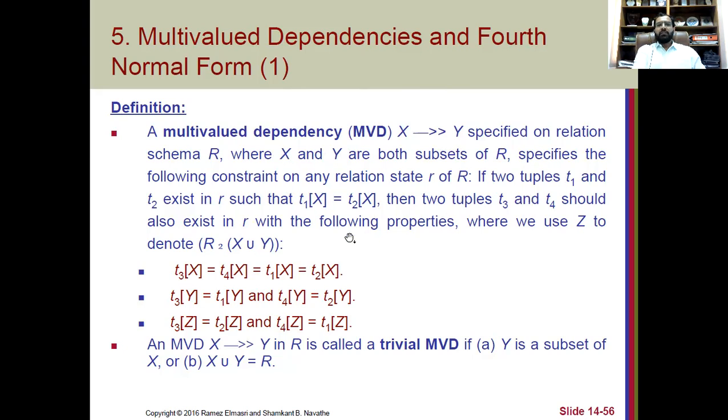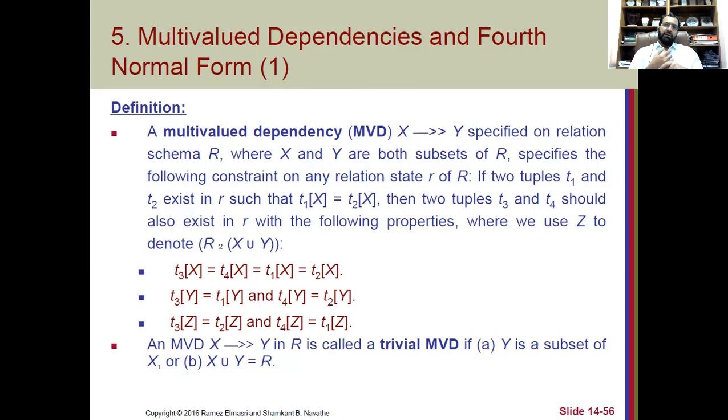If two tuples T1 and T2 exist in r such that T1[X] is equal to T2[X], then the two tuples T3 and T4 should also exist in r with the following properties, where we use Z to denote R minus X union Y. So it is possible that T3[X] is equal to T4[X] is equal to T1[X] is equal to T2[X], or T3[Y] is equal to T1[Y] and T4[Y] is equal. So we have repeated values in the tables.